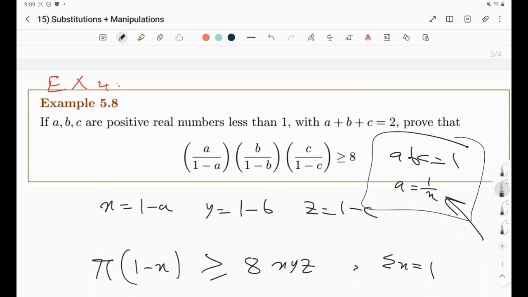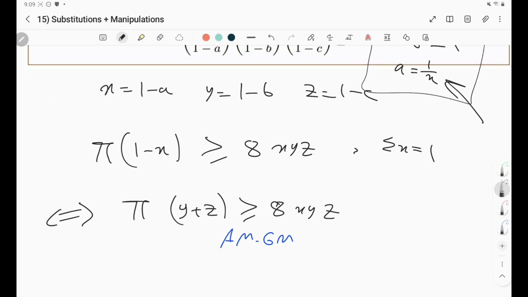Finally, we saw that not always do we need to do a real substitution. Sometimes it's really important for us to catch some algebraic manipulations. So changing variables, for example, instead of working with a, let's work with 1 minus a as our variable. Here it made our life much easier.